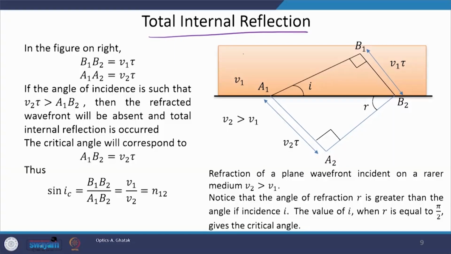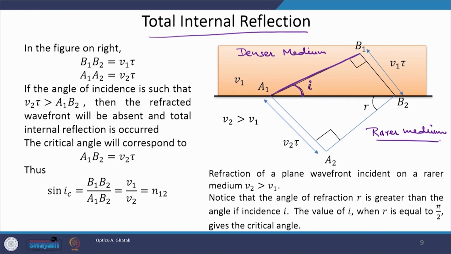Therefore, this shaded region we call the denser medium, and this we call the rarer medium. Within the denser medium, wavefront A1 B1 is travelling, and it is made to be incident on the interface between the two media at an angle I, which is our angle of incidence.